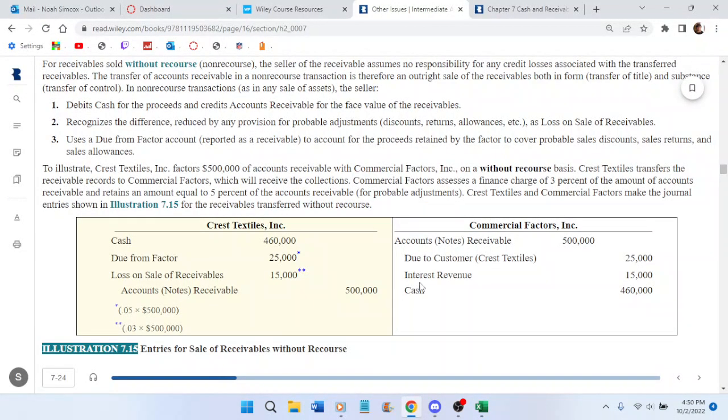There's a particular way that they calculated it. What was it?